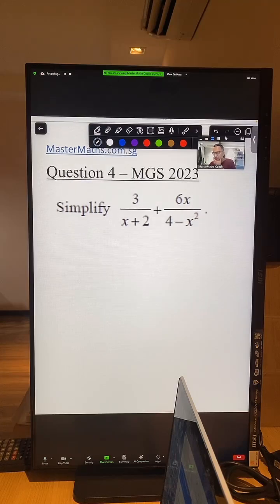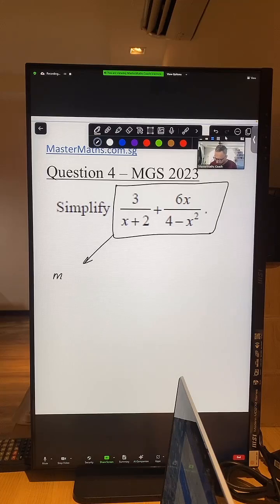Okay, simplify 3 over x plus 2 plus 6x over 4 minus x squared. So guys, when you have to simplify, you have to make the denominator the same.